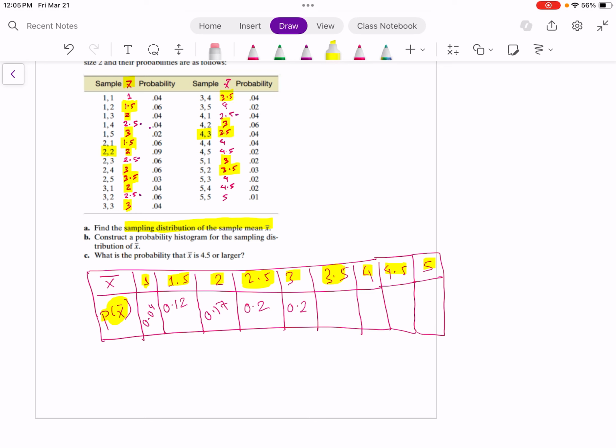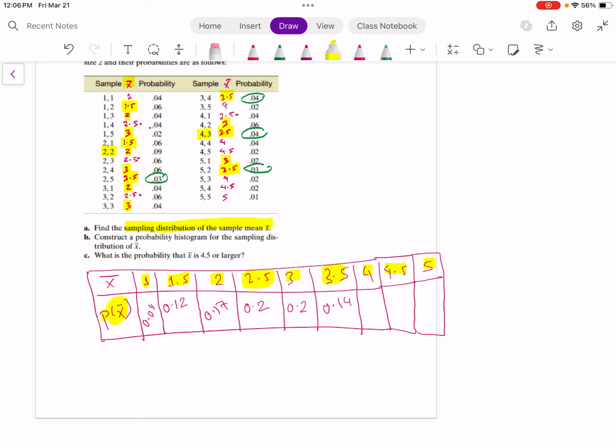The probability that x bar is 3.5 is 0.03 plus 0.04, which is 0.07, plus this probability, that is 0.11, plus this probability, 0.14. So the probability that x bar is 3.5 is 0.14.